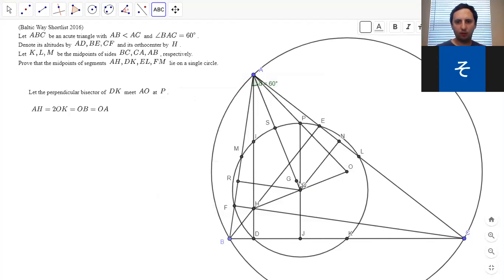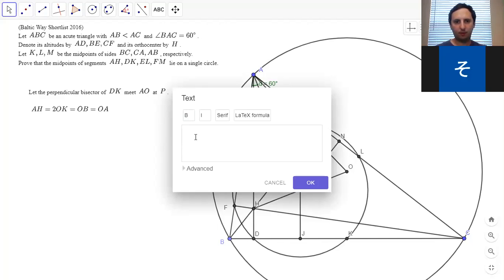And so okay, so I'll say let Q be the 9-point center of ABC.